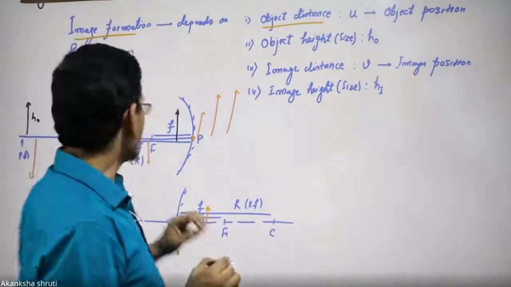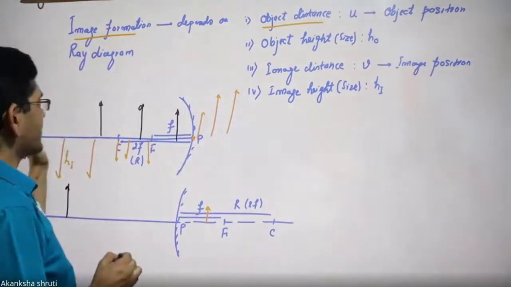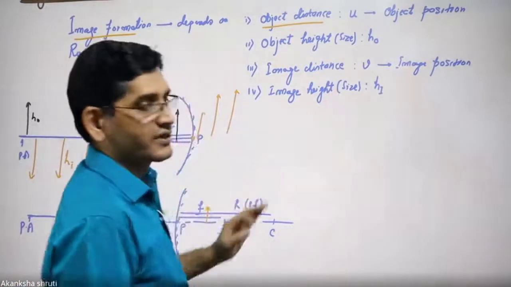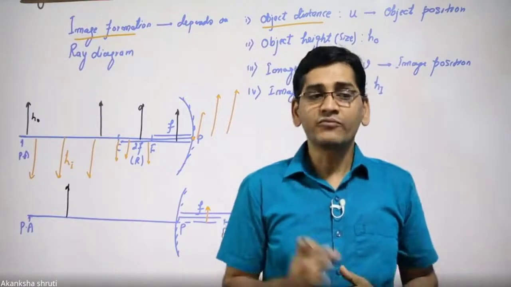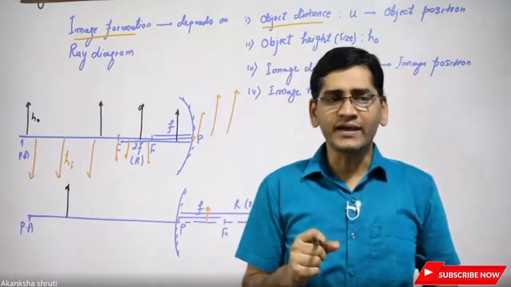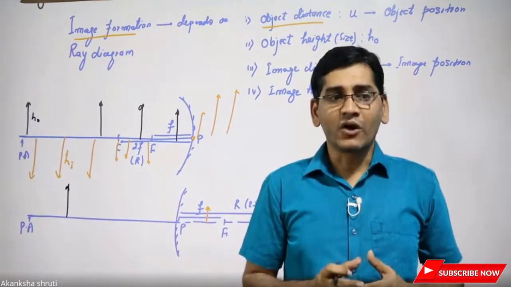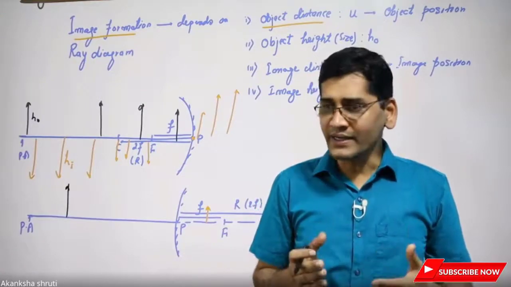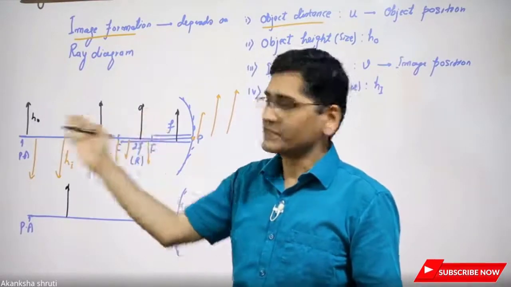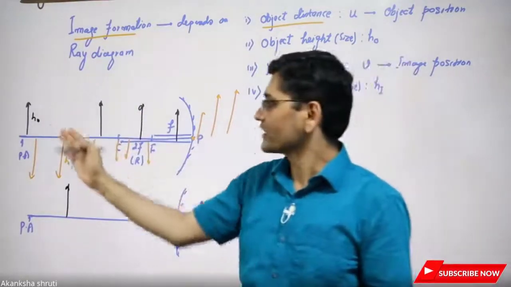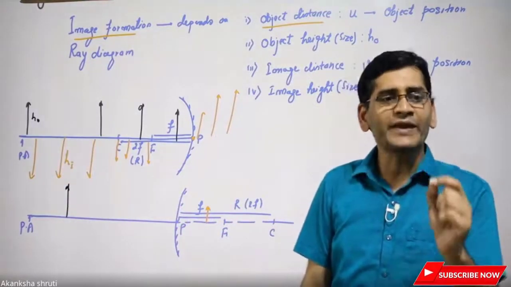Now the question arises: if I am taking some distance from the pole on the leftward, and you are taking it on the rightward, then what should be the standard? There could be a confusion. To avoid that confusion, a sign convention acceptable throughout the world is designed to understand the mathematical relation between object distance, image distance, object height, and image height with appropriate sign.